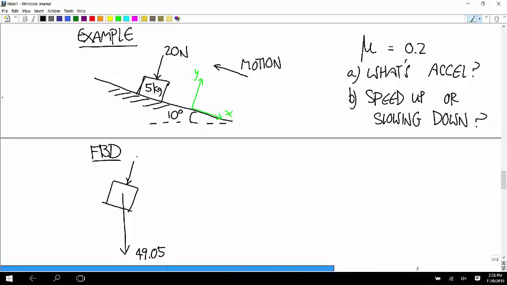There's the 20 Newton force. There's a normal force, perpendicular to the surface. And then opposite the direction of motion is the coefficient times the normal force, so that's 0.2 times N.